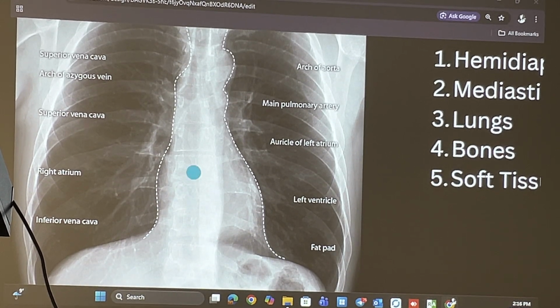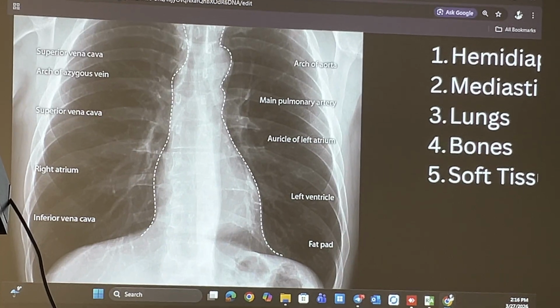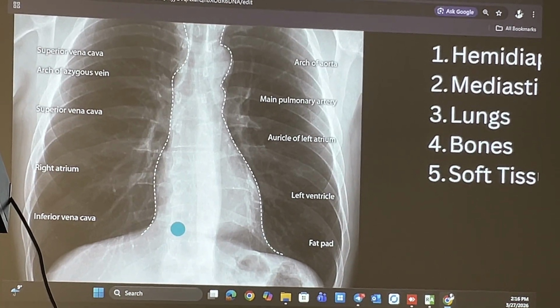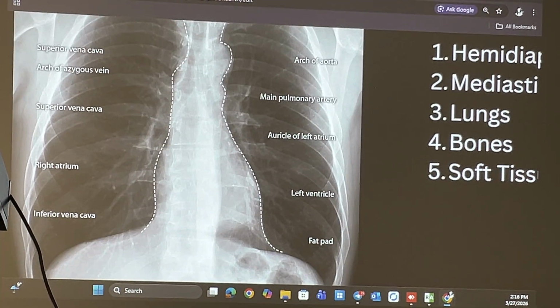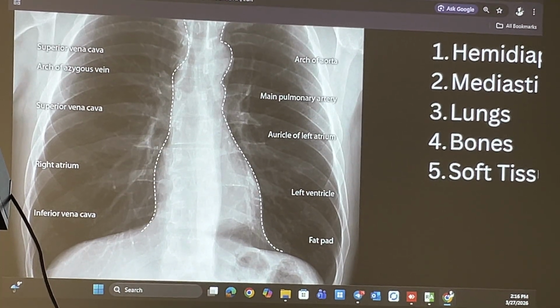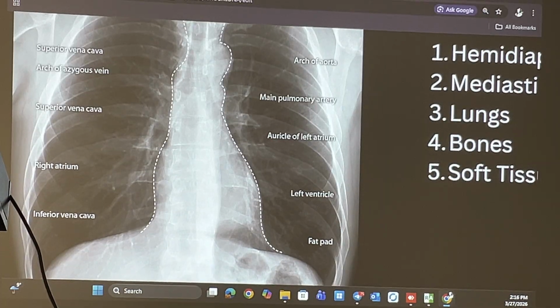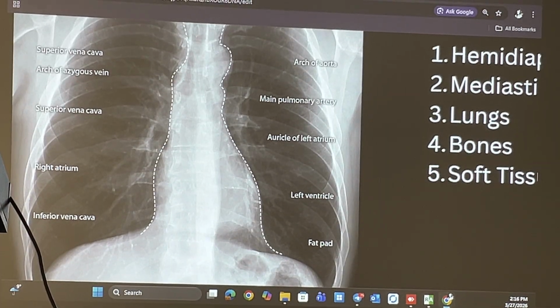Yes. So when you see cardiomegaly from the right side, what would you think? Which part of the heart is dilated? Ventricles. Why?